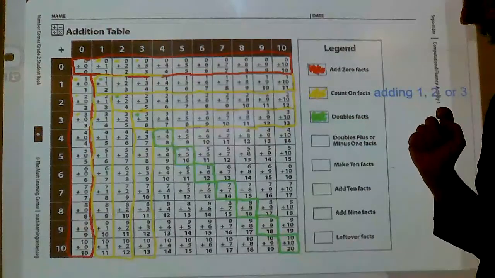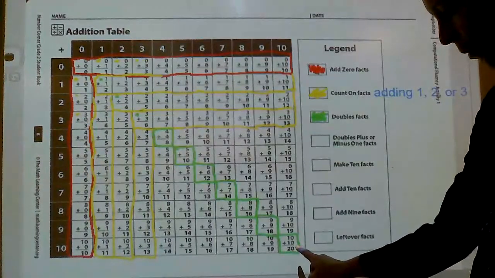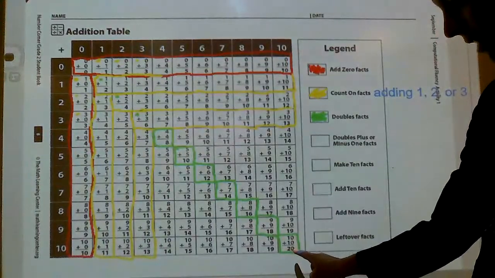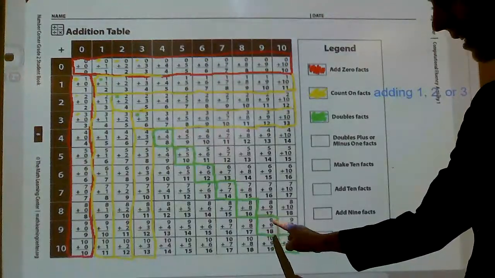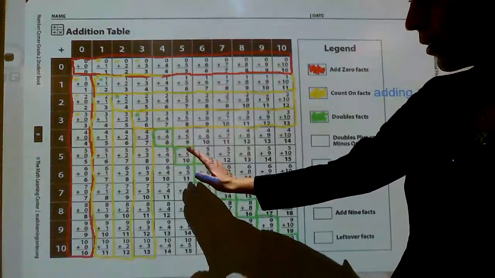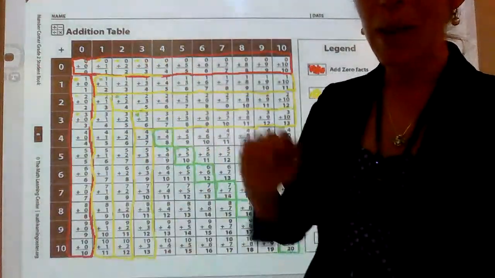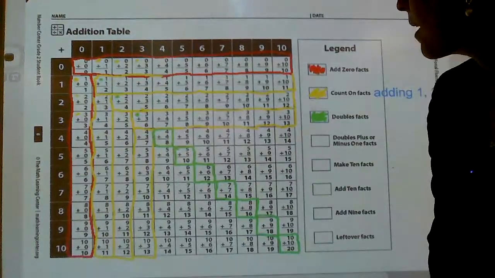When I started looking for them, if I start in this lower right-hand corner, 10 plus 10 equals 20. 9 plus 9 equals 18. 8 plus 8 equals 16. The doubles go diagonal all the way across the table. Isn't that cool? Math is so cool.